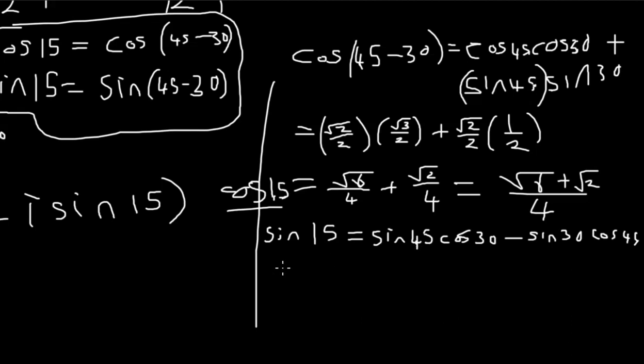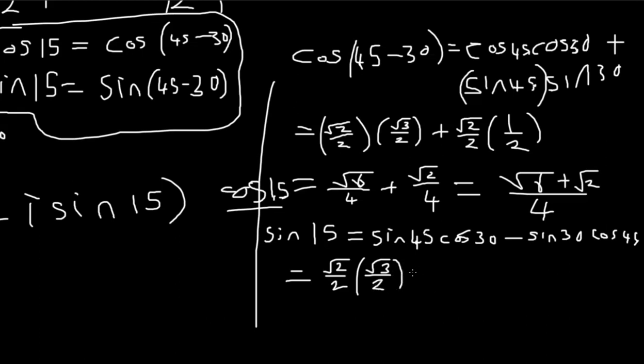And then for our sine 15, we put in the value of sine 45, which we said is root 2 over 2. Then we open the brackets, cos 30 is root 3 over 2.